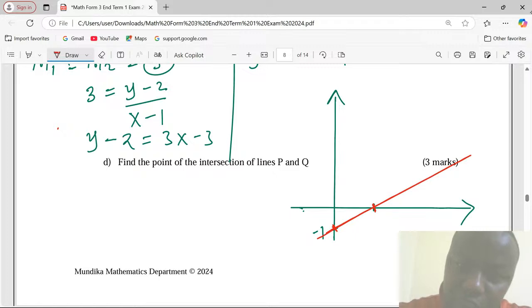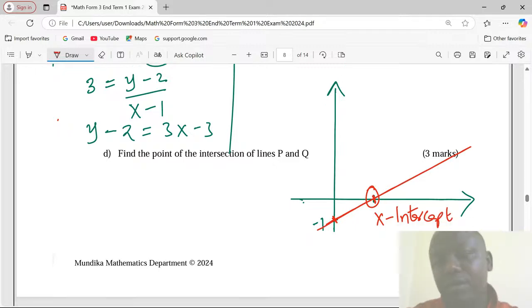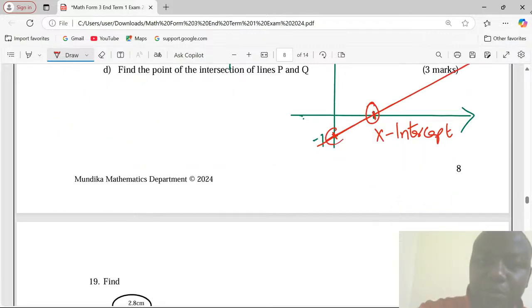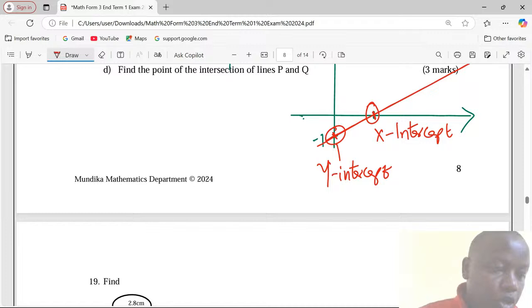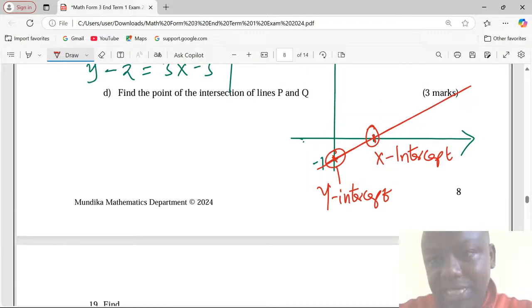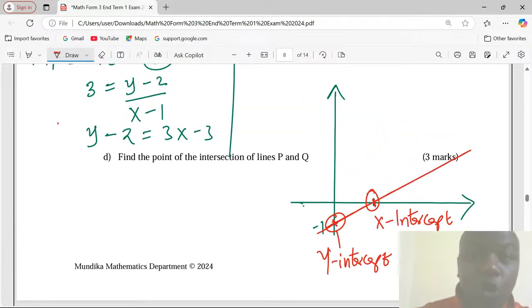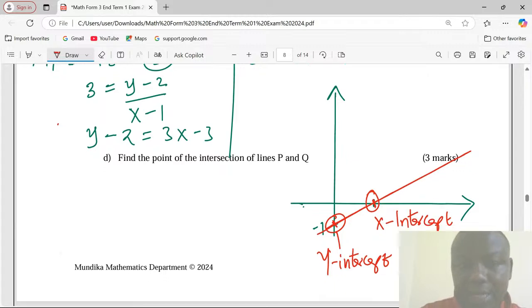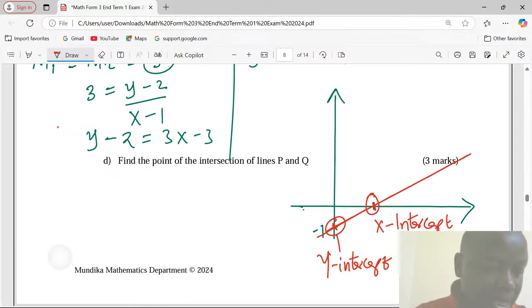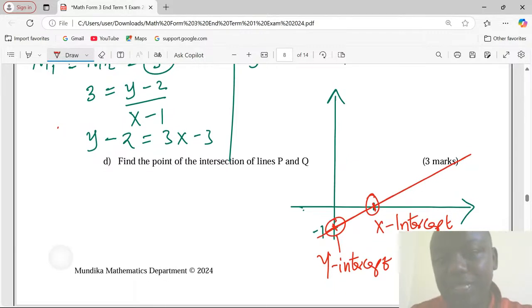So this point here is called the x-intercept. This point here is called the y-intercept. What you're supposed to learn about the y-intercept and x-intercept is that the y-intercept is along the y-axis, so at the y-intercept the values of x are usually 0.